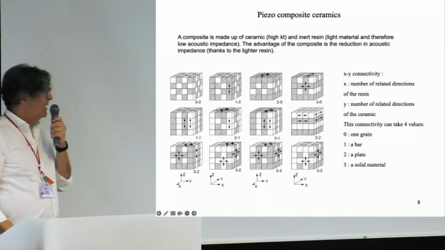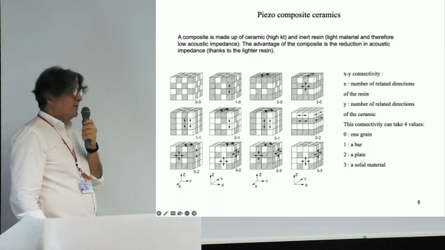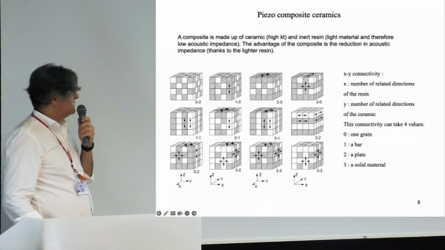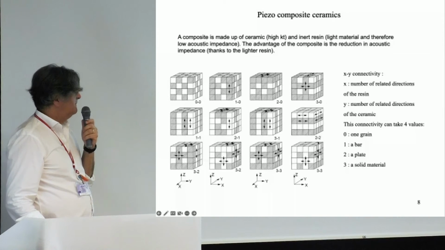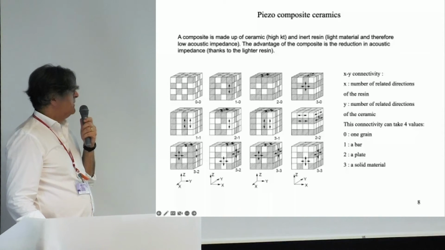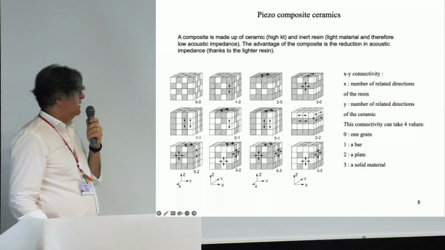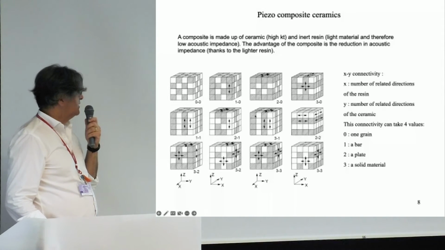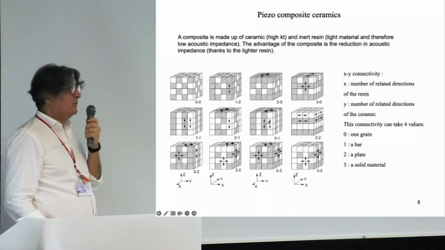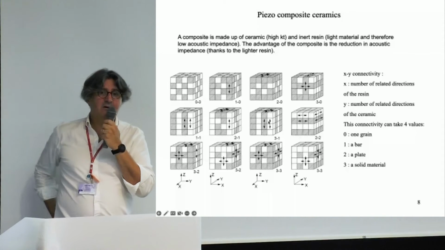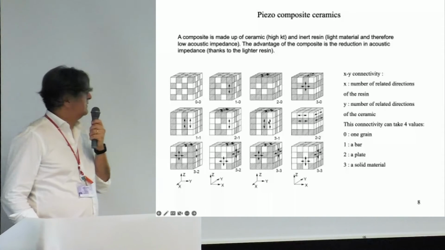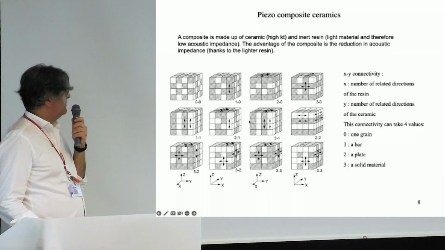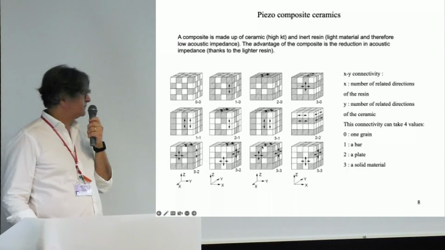And so there are 2 connectivities that are of particular interest. This is a 2-2 connectivity, a polymer matrix with ceramic plates, like this. And you have the 1-3 connectivity. This is ceramic rods in a polymer matrix: 3 for the polymer and 1 for the ceramics.